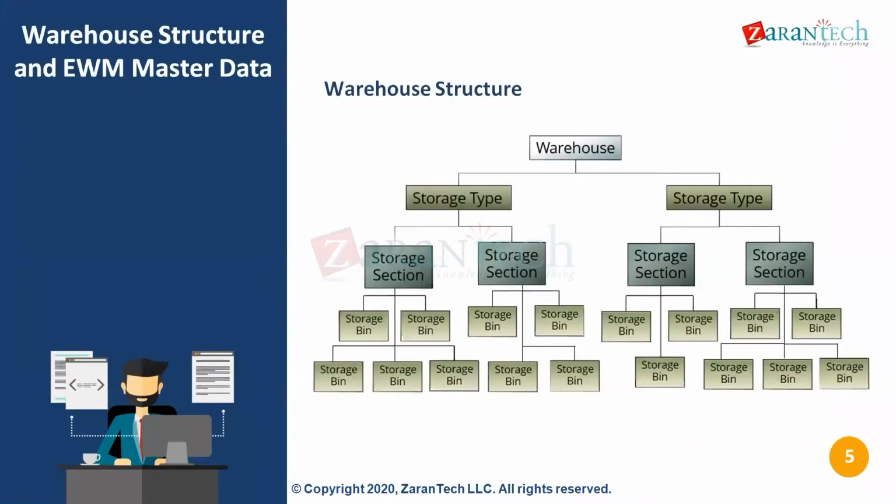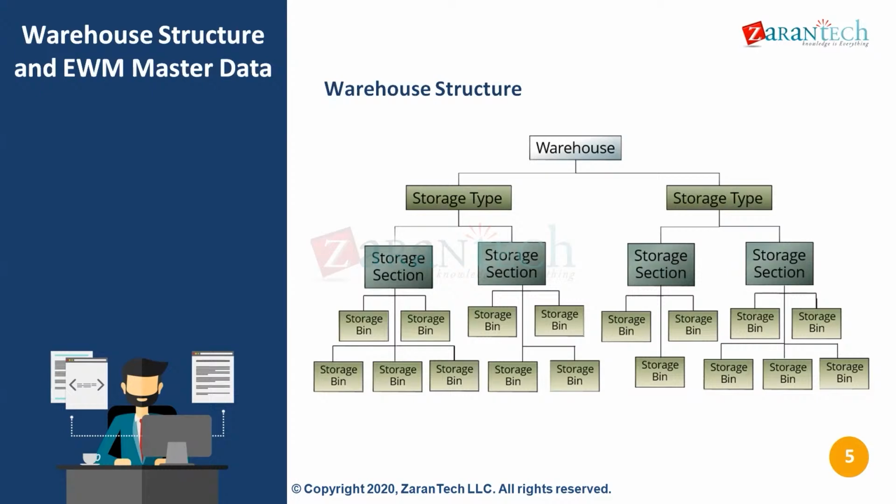So in warehouse, we have these structural elements. We have storage types, then we have sections and bins. Storage type, basically, you can imagine physically, it's a room, a different section, a different area of your warehousing complex.